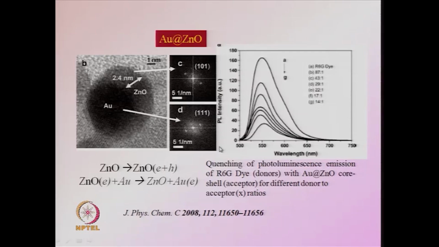So, the example here is gold and zinc oxide. Gold has a plasmonic band because it is a metal nanoparticle, and zinc oxide is a semiconductor.